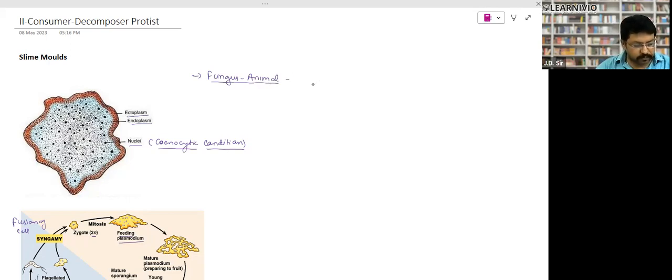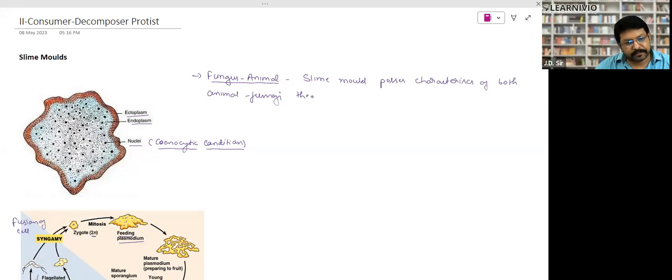So slime mold possesses the characteristics of both animal and fungi.